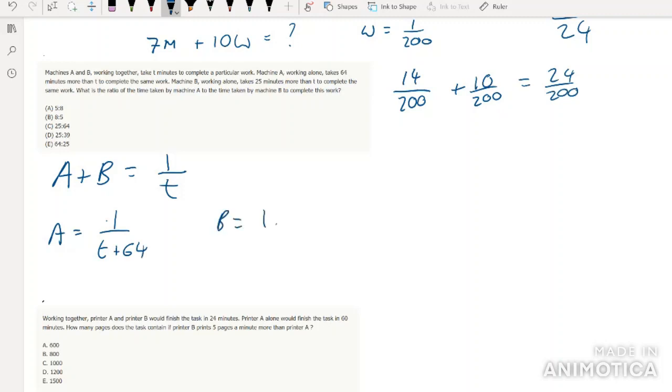B equals 1 over t plus 25. And so now we've got 1 over t plus 64 plus 1 over t plus 25 equals 1 over t. Okay, very nasty.